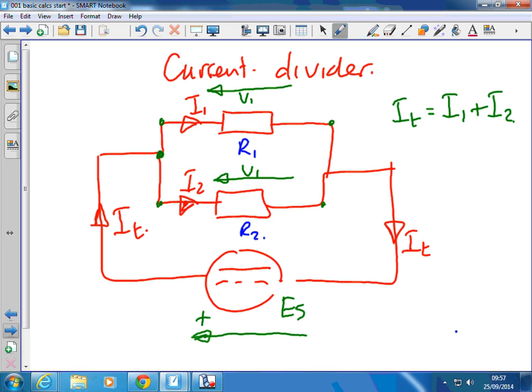Everything that goes into that terminal goes out of it somewhere, and it joins back together again here to become IT again. So these two currents there and there are the same. I put an ammeter in those two places, get the same value. But if I put ammeters here and here, they'll be different. If these two values are the same value, those two currents will be equal and half of that.